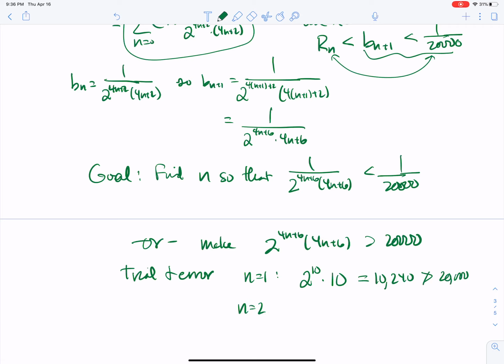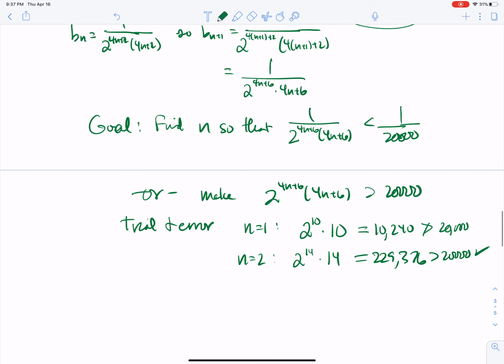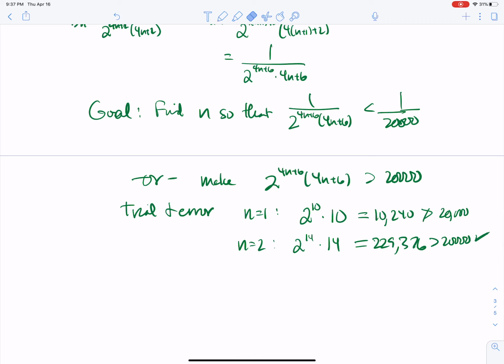So I'm pretty hopeful about n equals 2. 2 to the 14th times 14 turns out to be way bigger than 20,000, more than 229,000. And so that tells me that n equals 2 works.